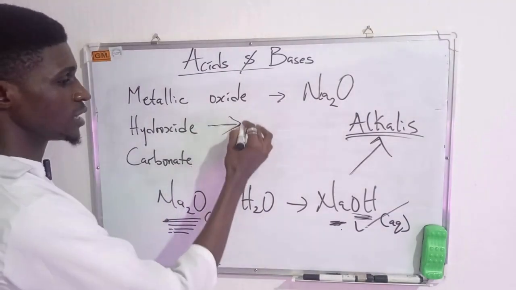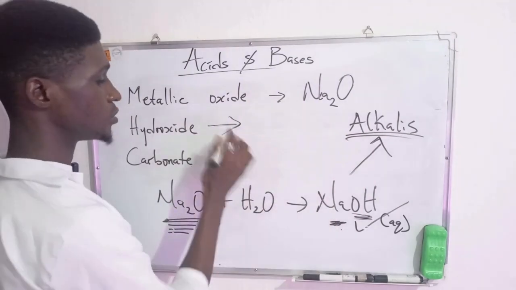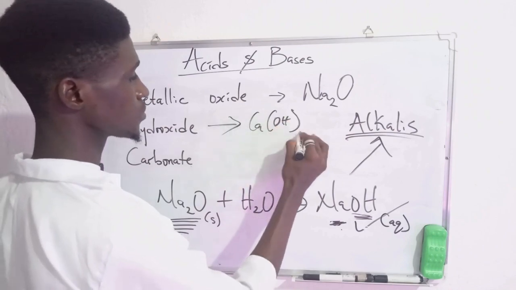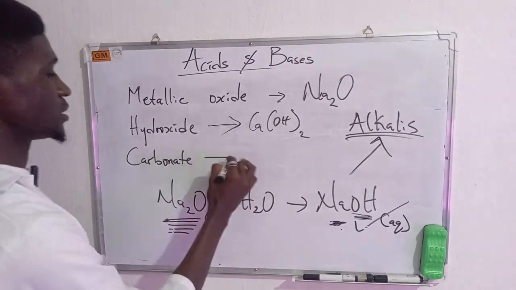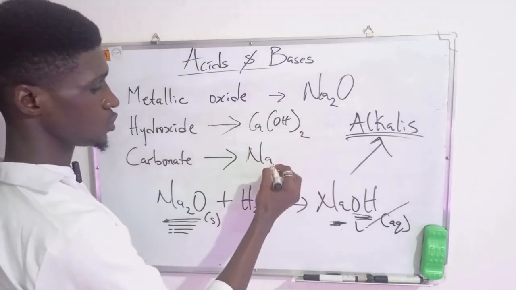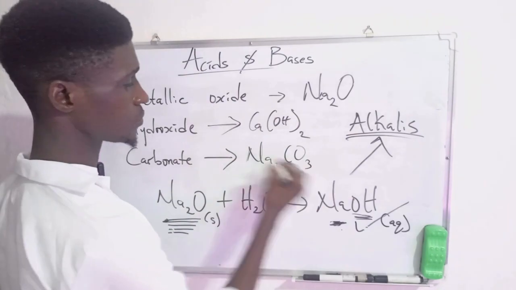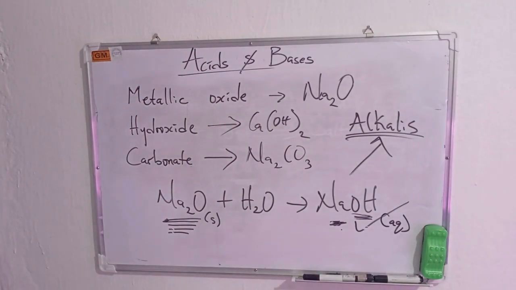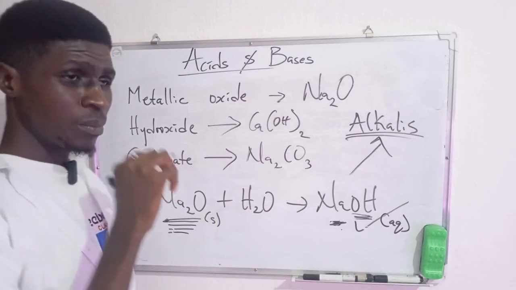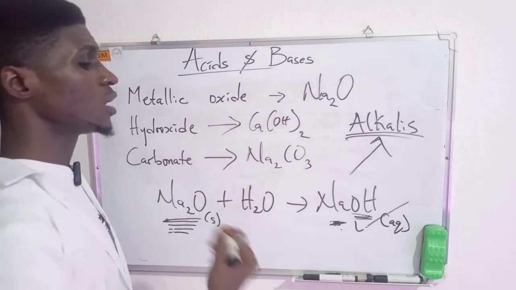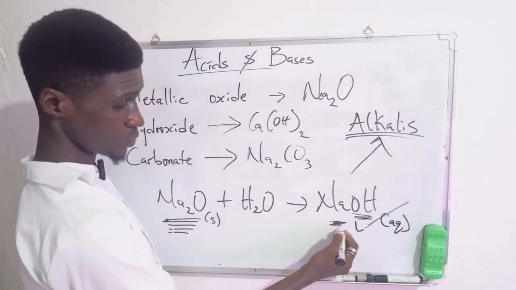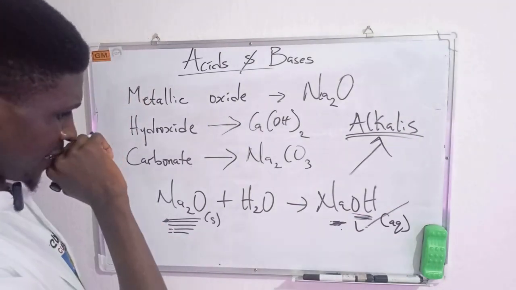Then another example of hydroxide apart from sodium hydroxide that I've written here is calcium hydroxide. Okay, so this is another type of base, carbonate. Example is sodium carbonate. This is also a base, but you will only call it base when you have been able to dissolve it in water so that it will form something like this, sodium hydroxide.